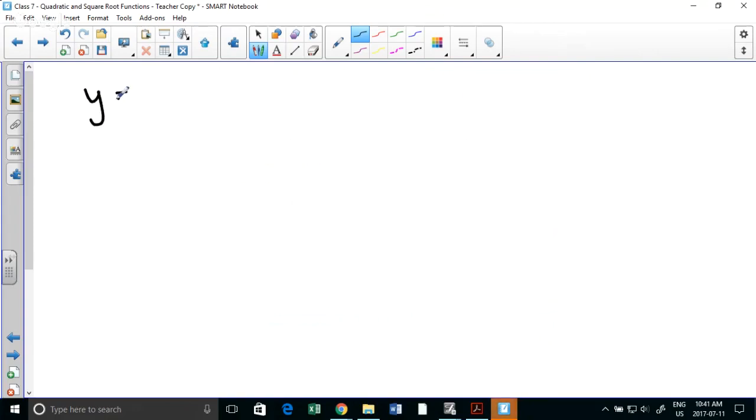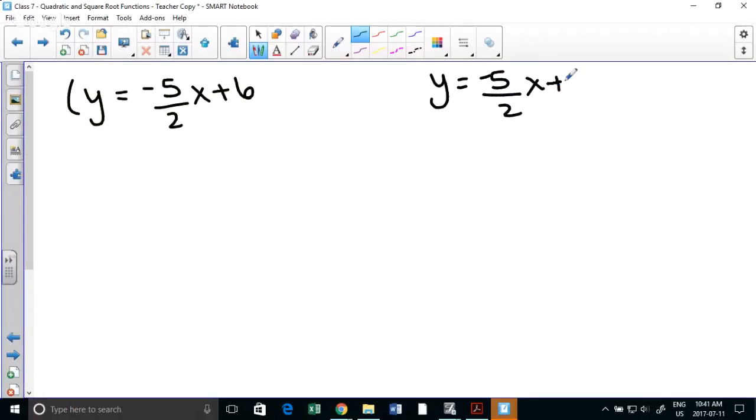So we'll do this quickly. I'm going to change this to general and I'm going to change it to symmetric. If I'm changing this to general, I need to get rid of this denominator, so I'm multiplying by 2. 2 times y gives me 2y. 2 times -5 divided by 2 cancels out to give me -5. And 2 times 6 gives me 12.